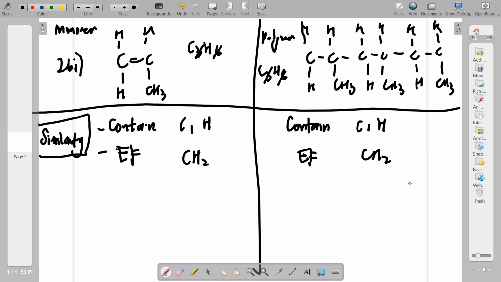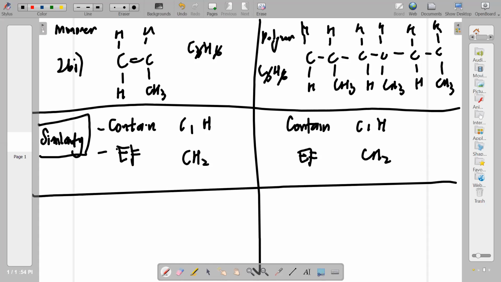Now I go to my differences. I think you all mentioned already. Now, you tell teacher which one contains the single bond and which one contains the double bond. You try.